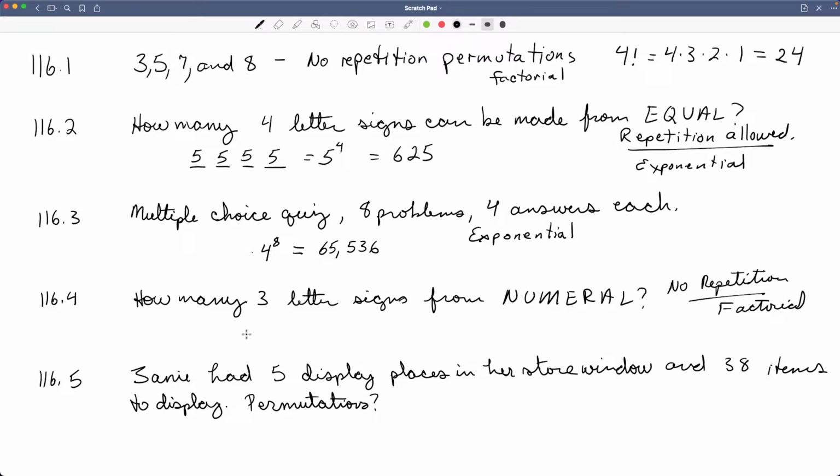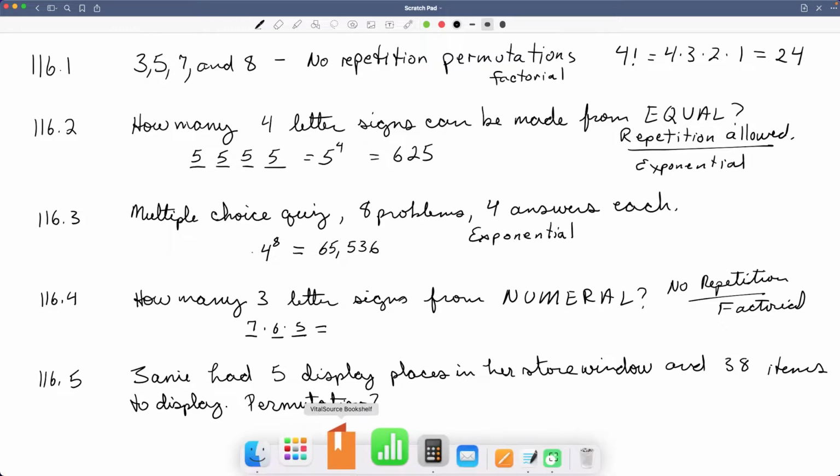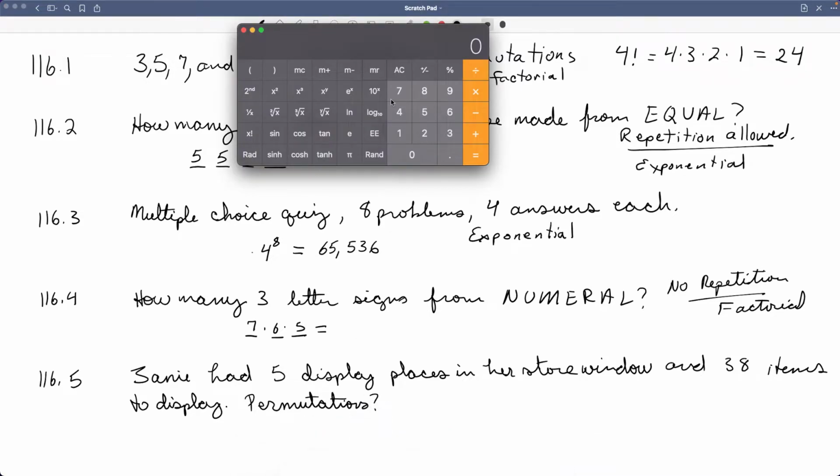So that means we have 1, 2, 3, and we have 1, 2, 3, 4, 5, 6, 7. Okay, so 7 times 6 times 5. Wouldn't it be easy if we could just plug that into our calculator and come up with the factorial instead of having to do all that multiplication?